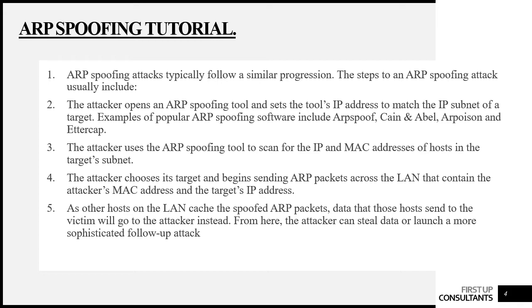And the fifth step, as other hosts on the local area network receive the spoofed ARP packet, data that those hosts send to the victim will go to the attacker instead. From here, the attacker can steal data or launch a more sophisticated follow-up attack.